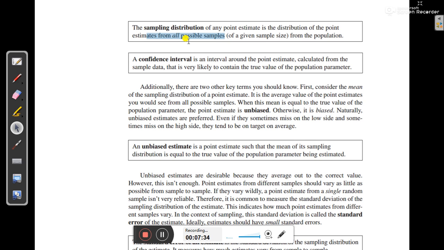An unbiased estimate is a point estimate such that the mean of its sampling distribution is equal to the true value of the population parameter being estimated. Suppose you are trying to understand the average salary, and you find the point estimate is $50 on average, and the actual true value of the population is also $50, then that estimation is unbiased.